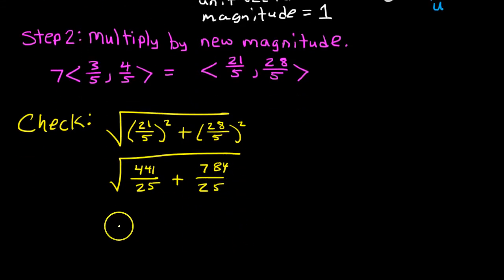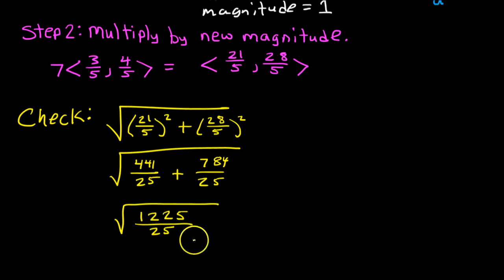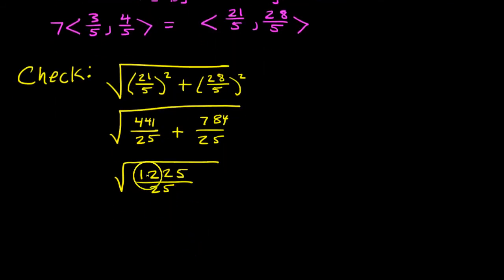Alright, these have like denominators, so there's no reason why I can't add them together. 441 plus 784, that is 1,225. And we'll keep that common denominator. Now 25 divides evenly into 1,225 49 times. And the square root of 49 is 7.